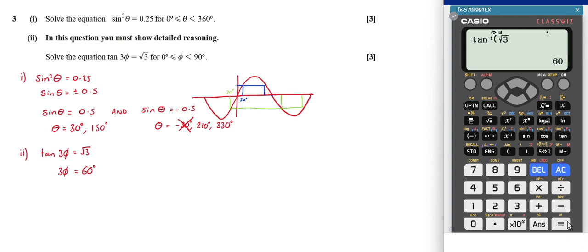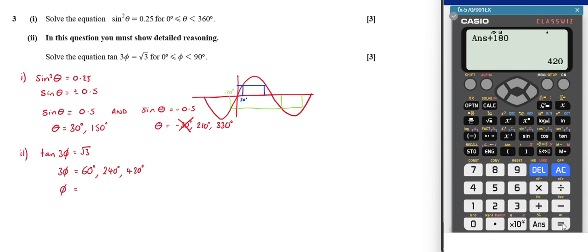So remember, every time we get a new solution, we're going to add 180 degrees. So I've got 60, let's add 180. It's 240. And we do it again, just to have a look. That's 420. Each of those we are then going to divide by 3.